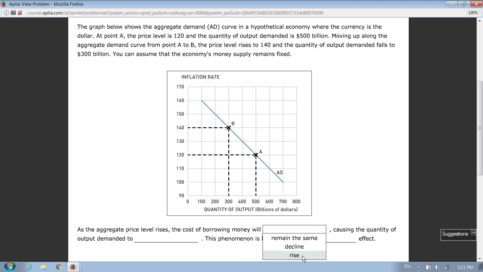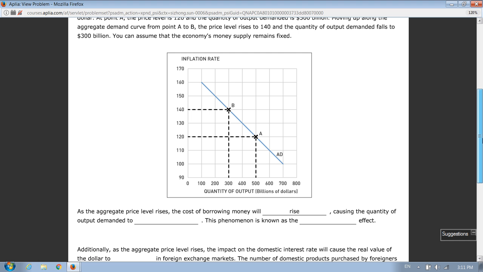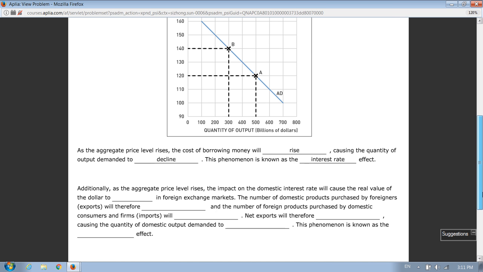So in the money market, on the one hand, the money supply is fixed. On the other hand, money demand shifts to the right. So the interest rate goes up. Interest rate going up means the cost of borrowing increases. And since the cost of investment increases, investment decreases. Output demand will decline. This is known as the interest rate effect.